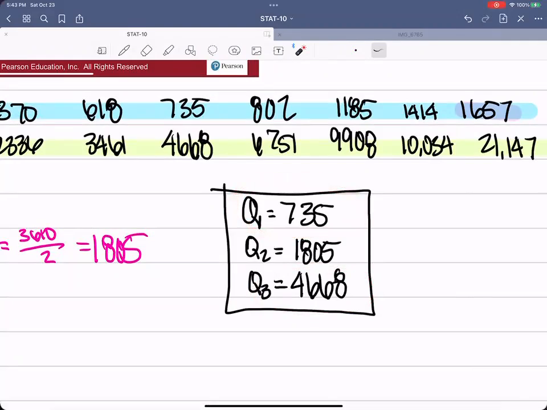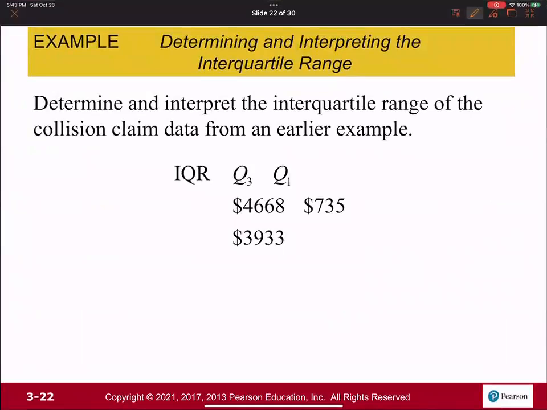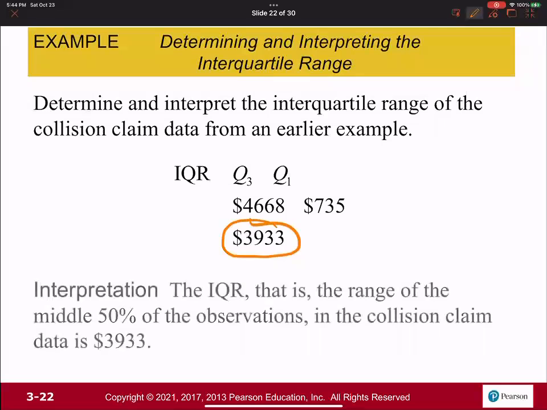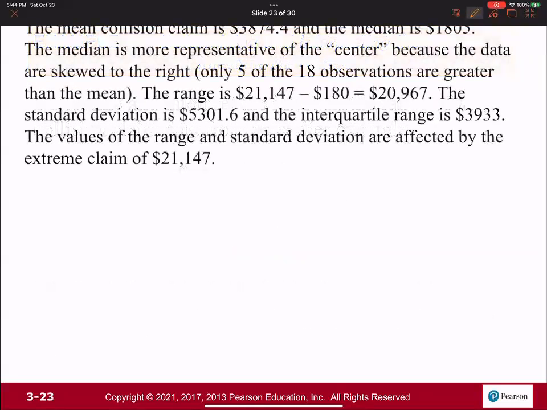That ends up being $3,933. So $3,933 is what makes up the middle 50% of the data. So the range of those possible answers is $3,933. So IQR is the range of the middle 50%, and in this case, again, $3,933.